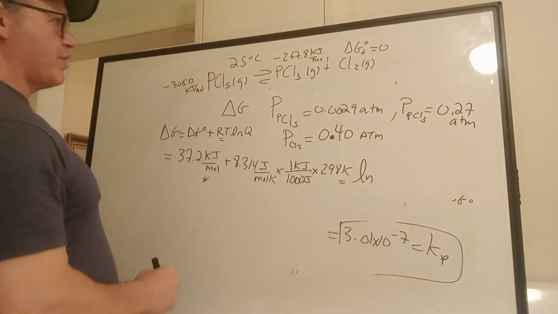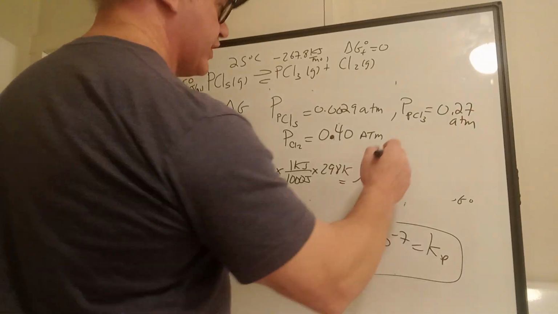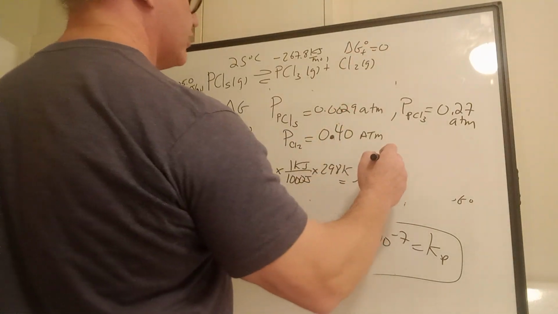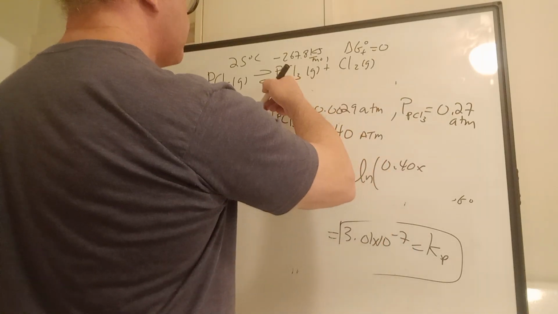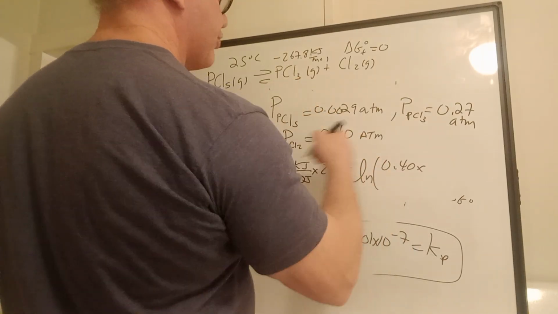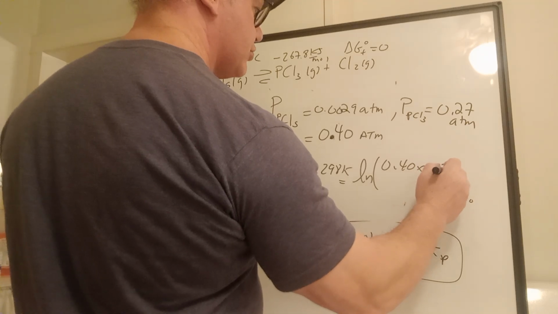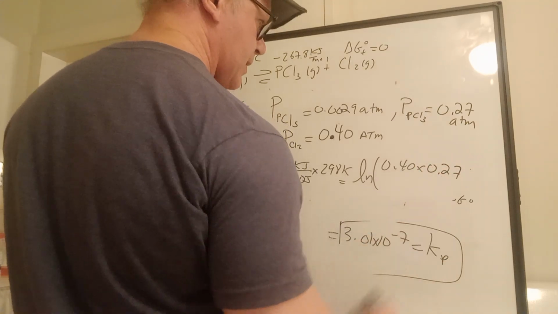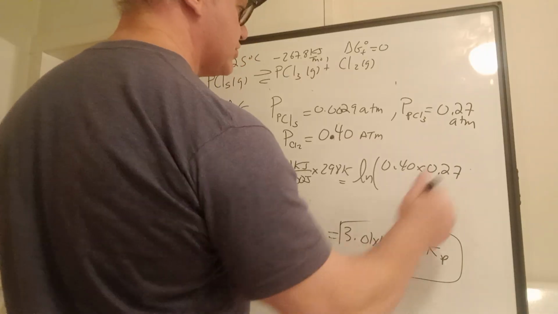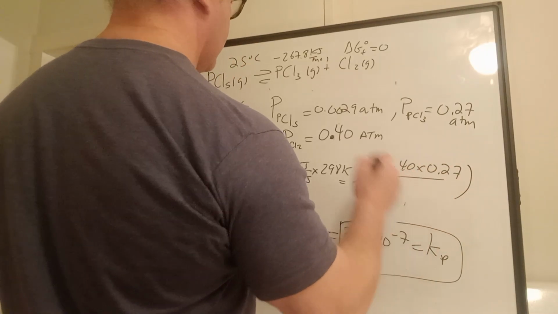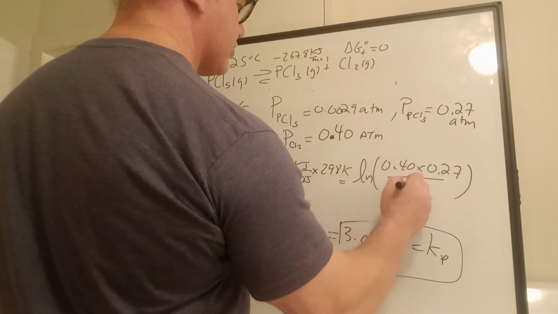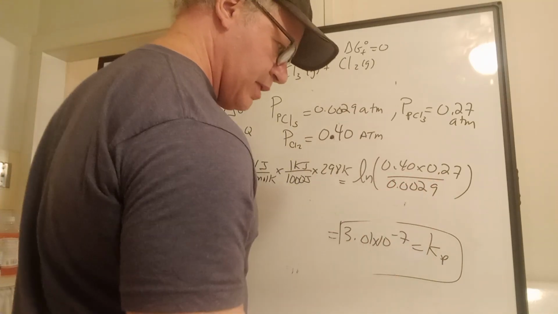Q is products over reactants, right? So let's fill it in. Products: we got Cl2, 0.40, times, everything's to the first power, PCl3, 0.27. That's in the numerator, products, and in the denominator, what do we got here? 0.0029.